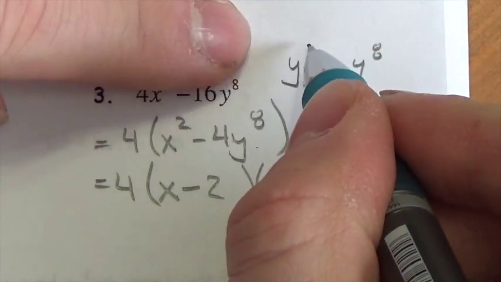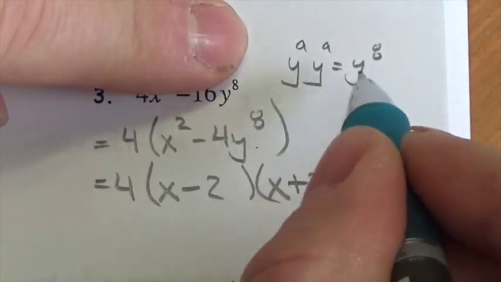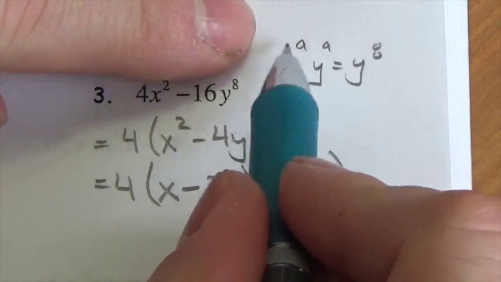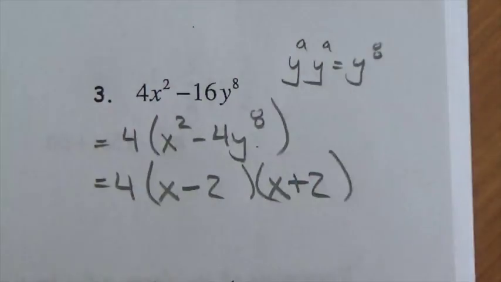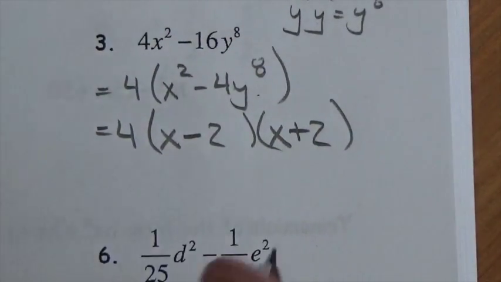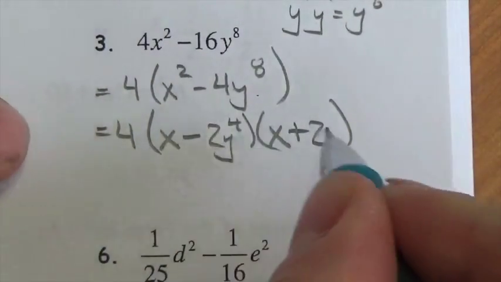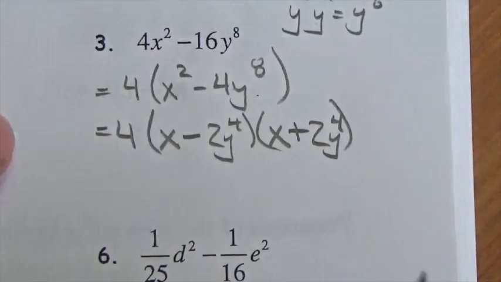So this is like saying y to the a times y to the a equals y to the 8th. So essentially, this is going to be 2a equals 8. In order for me to take the square root, all I got to do is divide that exponent by 2. And that becomes y to the 4th.